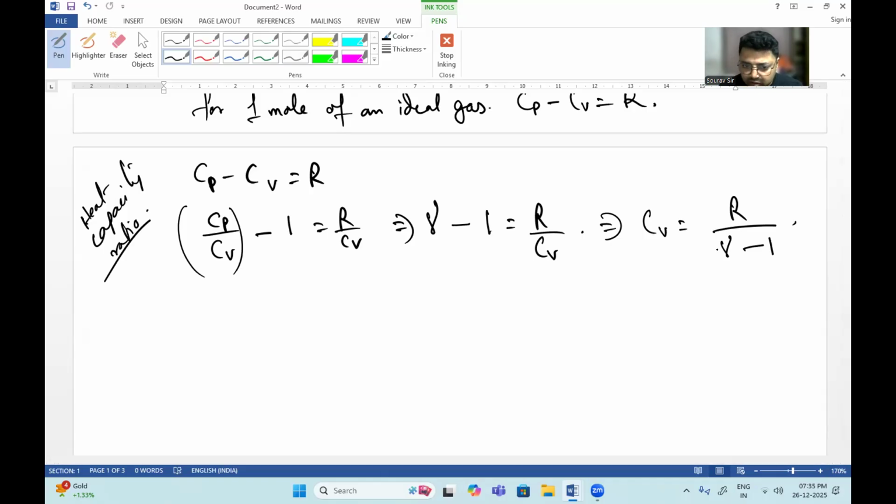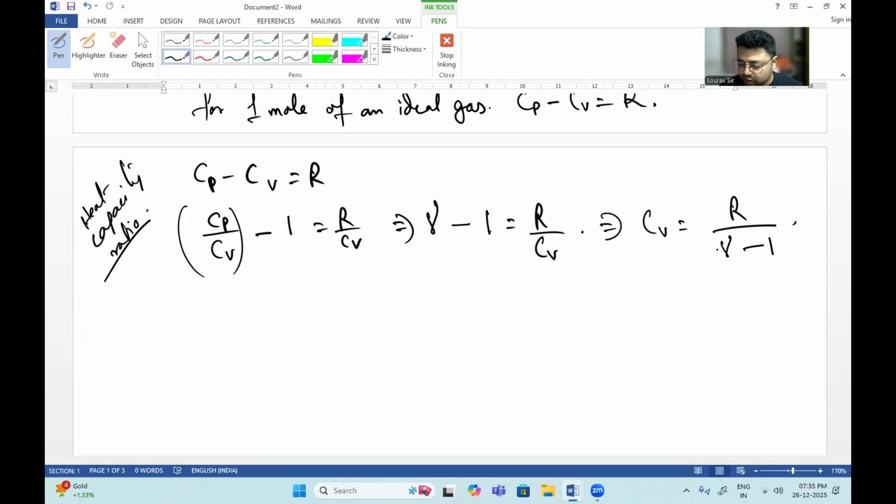So why is this important? Because in our next few classes, we will be learning about the work done during adiabatic expansion of an ideal gas. In that equation, we will use this and find the work done for an ideal gas undergoing adiabatic expansion.